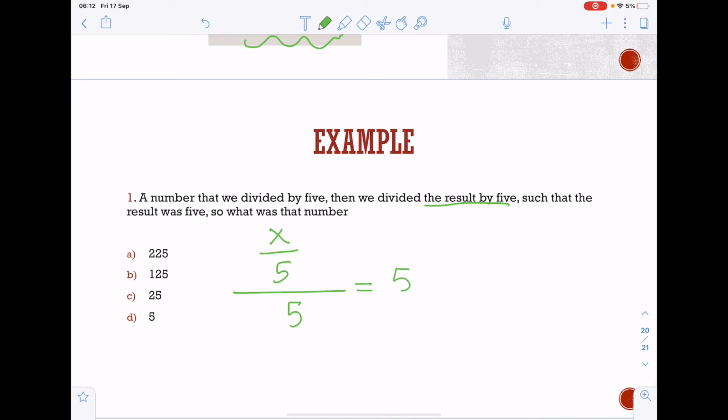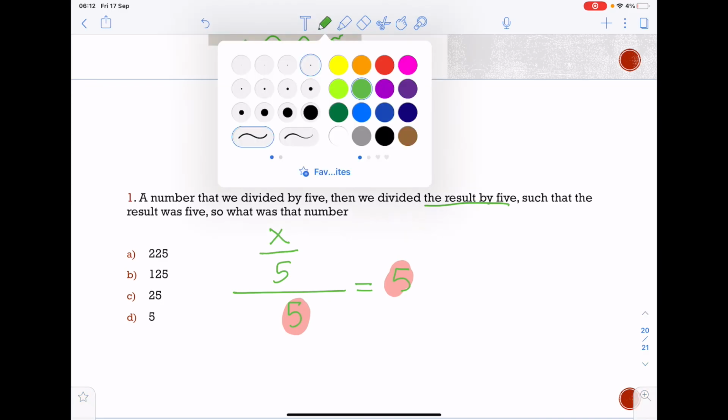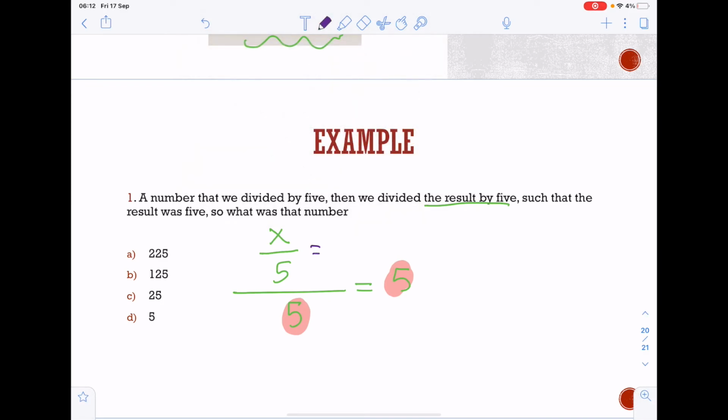So what was the number? You can obviously see that by cross multiplying, we can just multiply 5 by 5, and this will equal 25, then multiply this 5 by this 5, so the answer is 125.